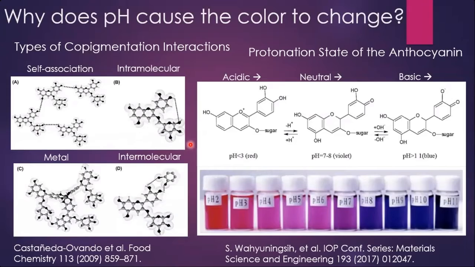The copigment interactions are non-covalent, and this can lead to both of these molecules sharing a charge. This then changes what photons are actually absorbed by the molecules, and can therefore change what wavelengths are reflected, and therefore can change what we see. Here's an example of some vials at different pHs, and we see how the color is changing.